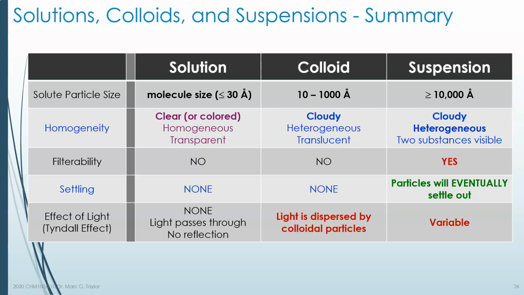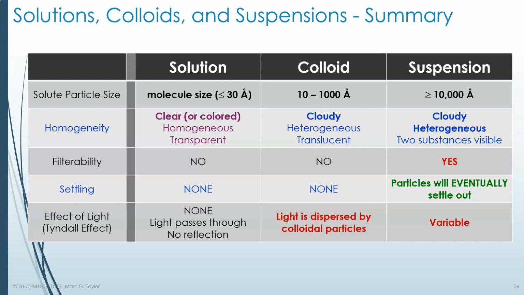In terms of homogeneous mixtures, a solution is homogeneous. It's clear or occasionally colored. It's transparent, meaning the light will go through it. You can read through it very easily, and these are very easy to spot. Colloids are a little harder to spot. They tend to be cloudy. The cloudiness is much easier visualized when you shine light through it.